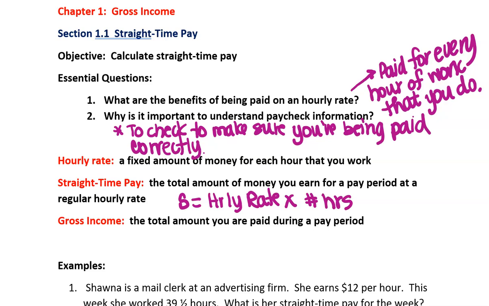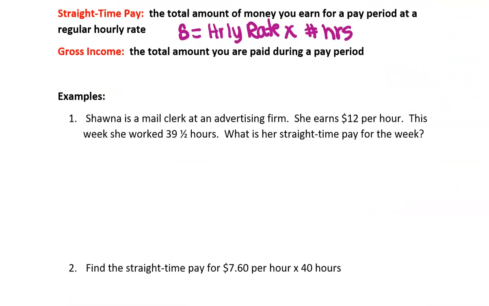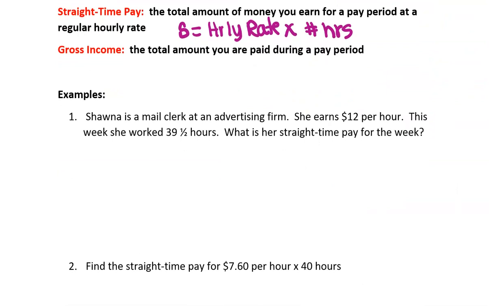Gross income is the total amount you are paid during a pay period. Here's some examples. Shauna is a mail clerk at an advertising firm. She earns $12 per hour, so her rate is $12. This week she worked 39.5 hours, so the number of hours is 39.5.